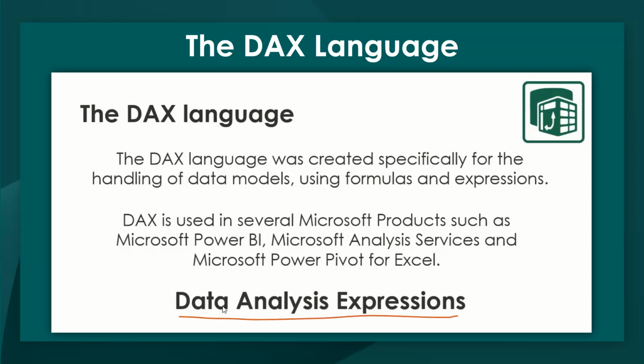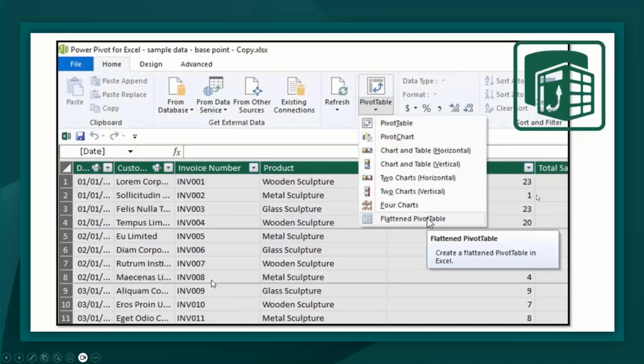Now, once you put the data into Power Pivot, you can see that the data is there and the interface is just like Microsoft Excel. You can see some tabs on the top: File, Home, Design, Advanced, and you can see the data.